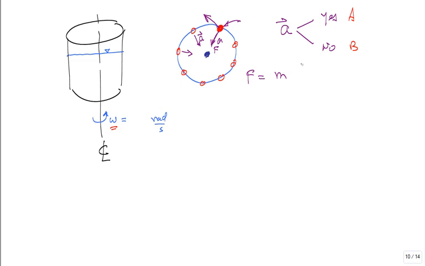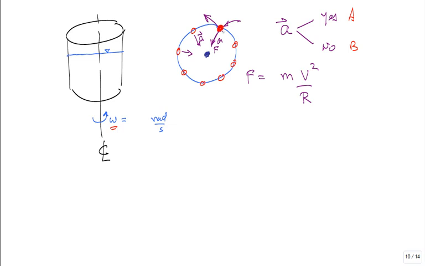Force is proportional to the chunk of fluid's mass, or chunk of solid's mass that's going around in that circular pattern, times what? I know it's acceleration, but what is the equation for the acceleration? The v squared over r, where r is the radius.